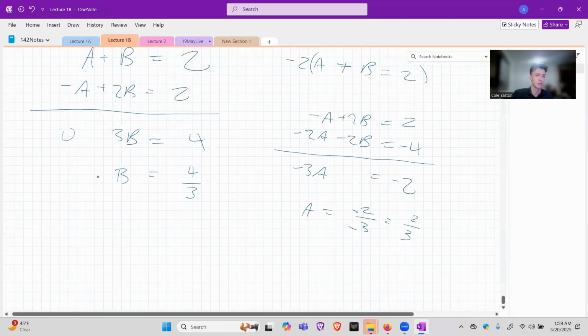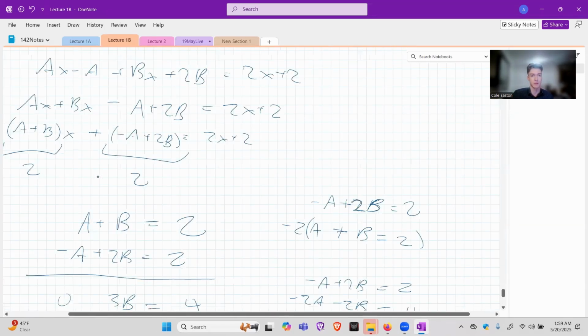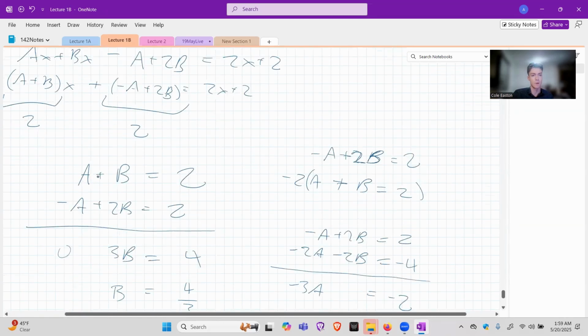So let's just say that I have a plus b equals 2. Then I have a plus 4/3 is 2, which is 6/3. And so I'll subtract 4/3 from both sides. I get a is 2/3. Or if I went over here, we could use the other one just to show that they both work.